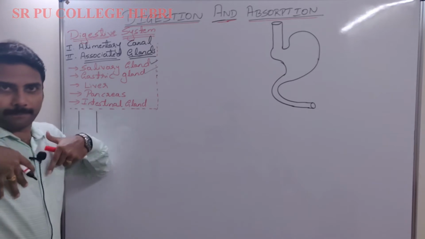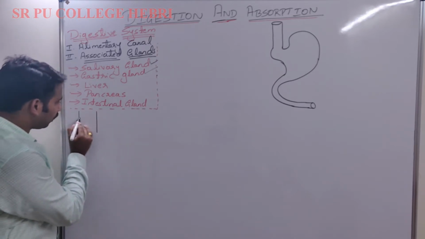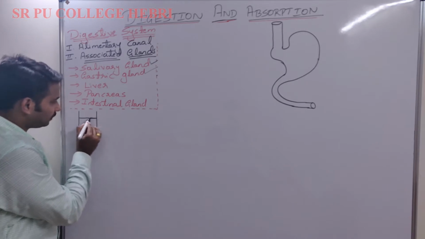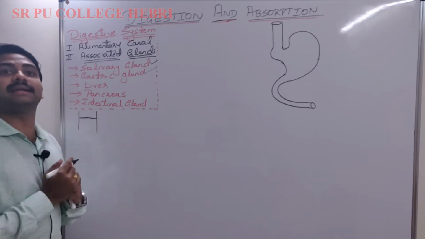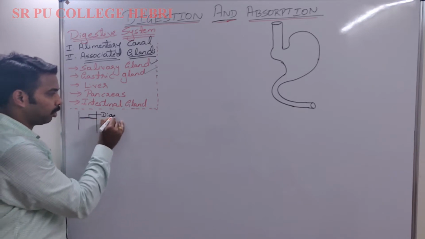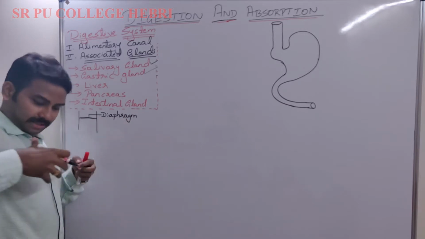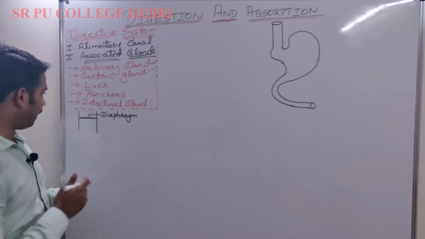I repeat, upper thorax, lower abdomen. In between thorax and abdomen there is a thin layer of skeletal muscle. This thin layer of skeletal muscle we call it as what? Diaphragm. Diaphragm present between thorax and abdomen.